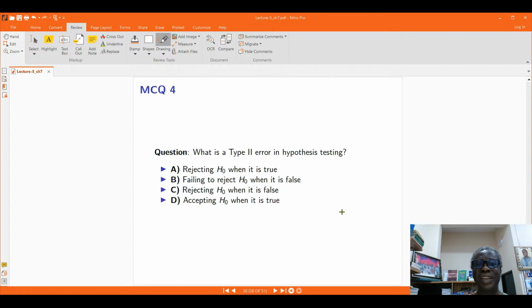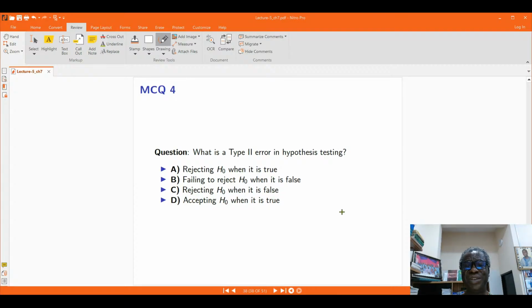Don't forget. What is a type 2 error in hypothesis testing? A, rejecting the null when it is true, B, failing to reject null when it is false, C, rejecting null when it is false, D, accepting null when it is true. Obviously, B is the correct answer.